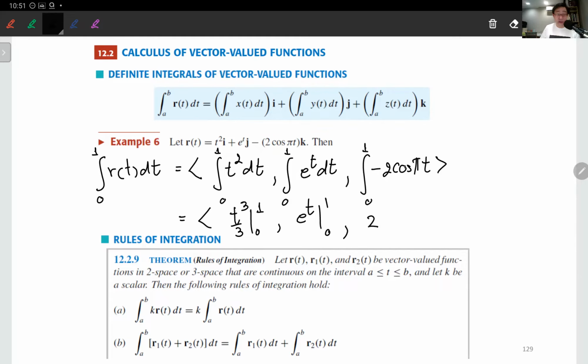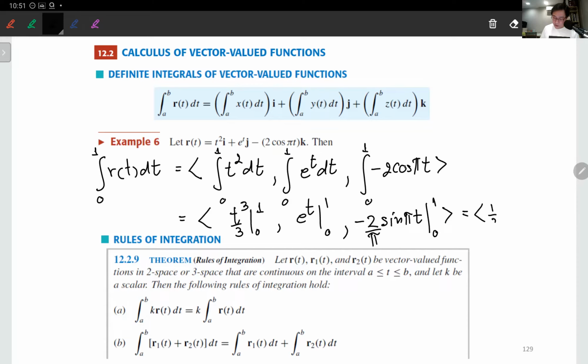So the negative is still there. But then don't forget you have the pi t. So that means you have to divide it by pi. So make sure that you check all these factors and everything is supposed to be correct this way. Oh, forgot to put the limit there from 0 to 1. All right. And then by just substituting the upper and lower limits, you are pretty much done.